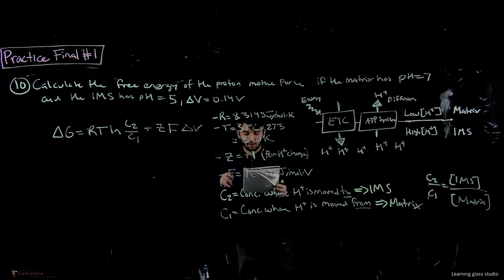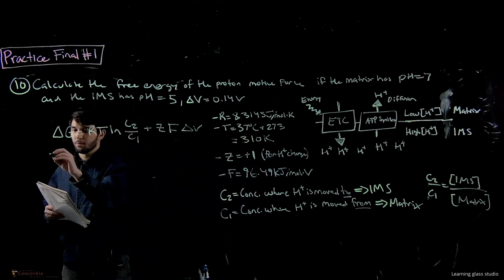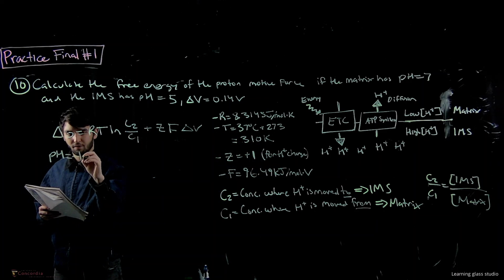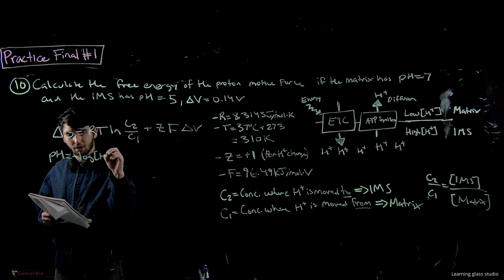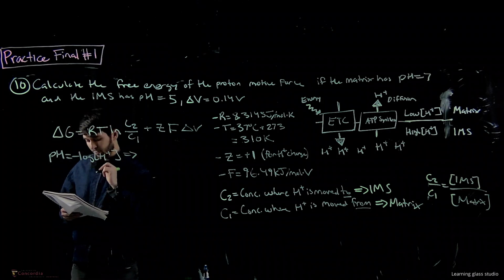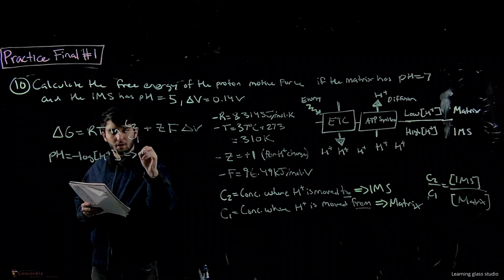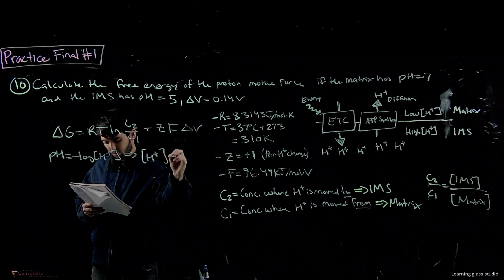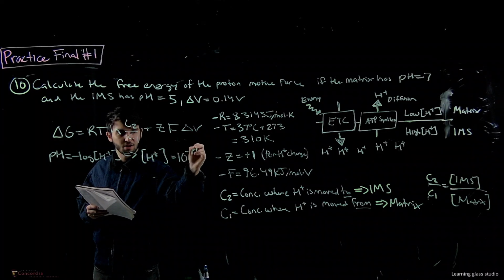So we have the pHs. We know pH is equal to negative log H+ concentration, so we can convert this into H+ concentration equals 10 to the negative pH.